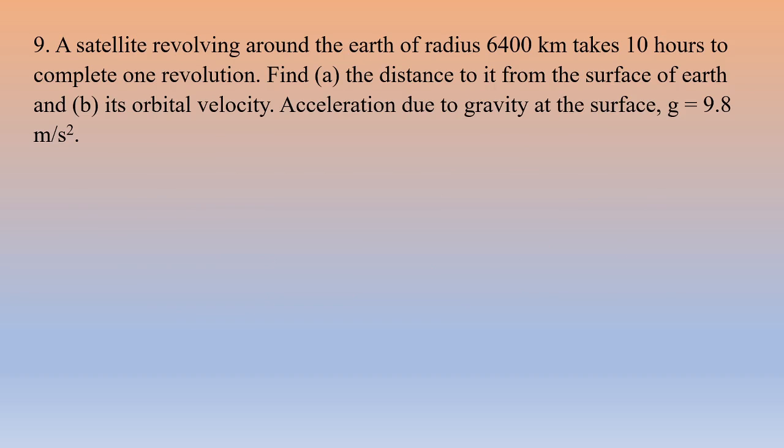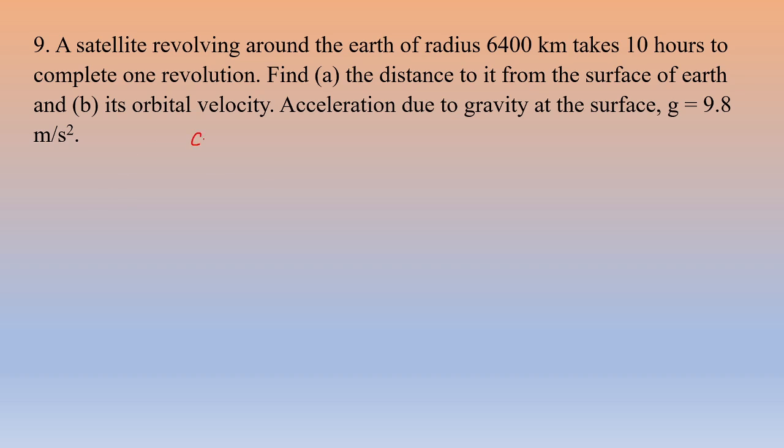Okay, the next one. A satellite revolving around the Earth of radius 6,400 km takes 10 hours to complete one revolution. Find: the first one is the distance of it from the surface of the Earth. Second is its orbital velocity. Here we are given the value of small g.